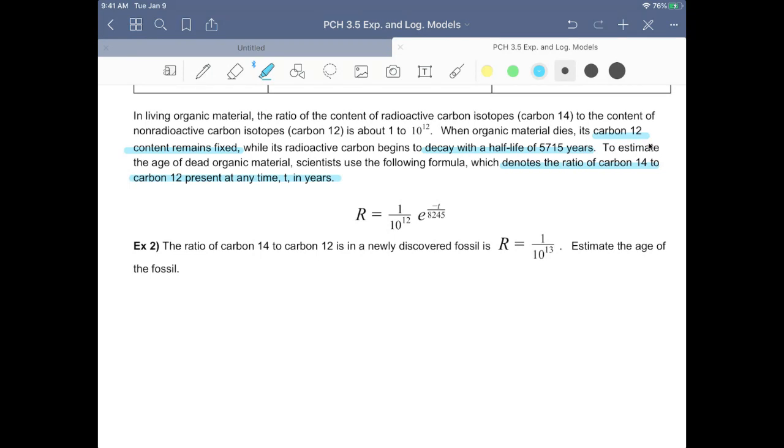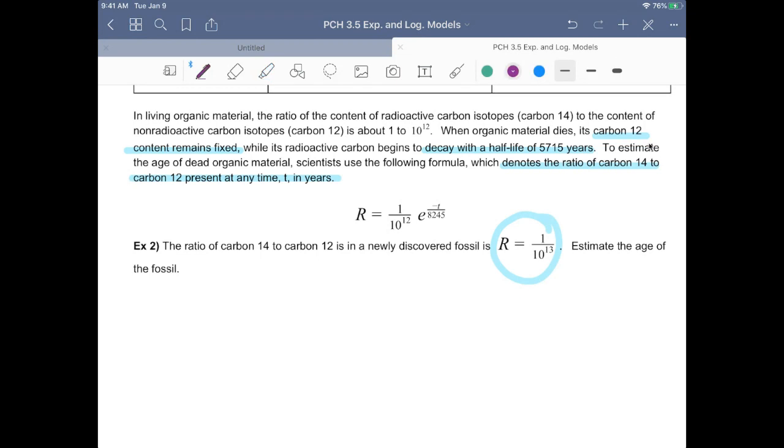So for this one, the formula is given. What we're going to figure out is the age of a newly discovered fossil where the ratio of carbon-14 to carbon-12 is 1 over 10 to the 13. Estimate the age of the fossil. Since we already know the ratio, we're just going to plug it in.